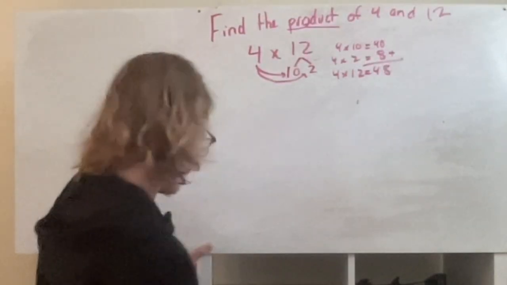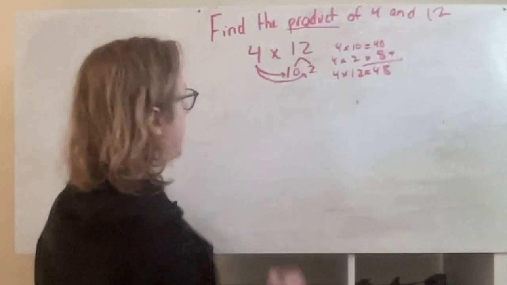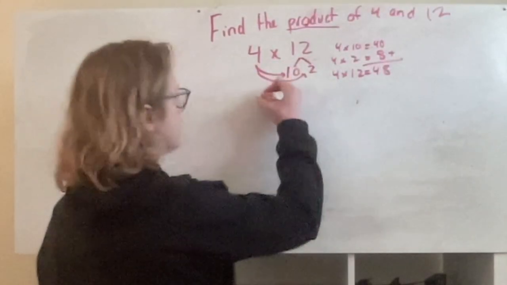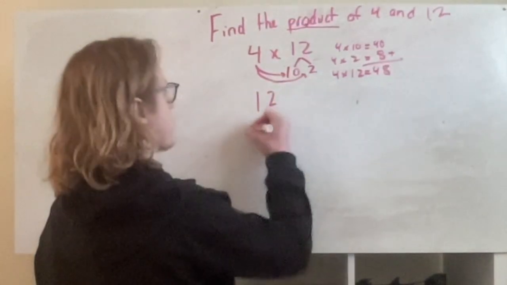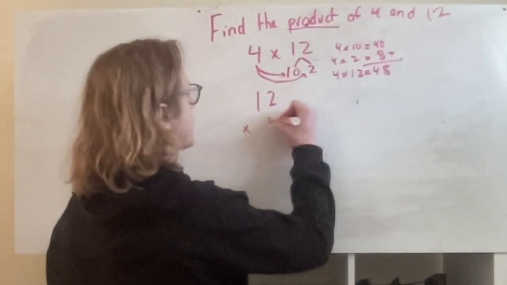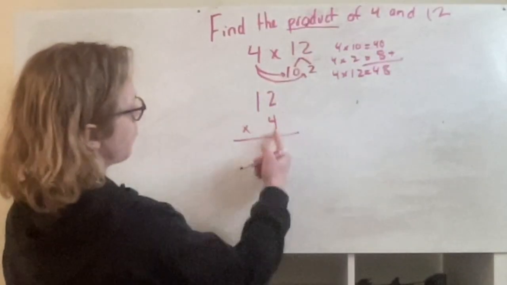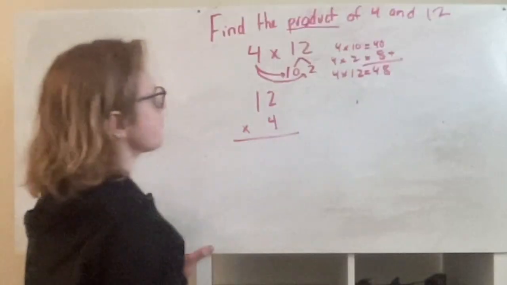Okay, so now let's go ahead and look at what this would look like if we were doing the standard algorithm. Okay, just like in addition and subtraction, we would align them vertically, and we make sure that the place values line up, right? The ones place are lined up.